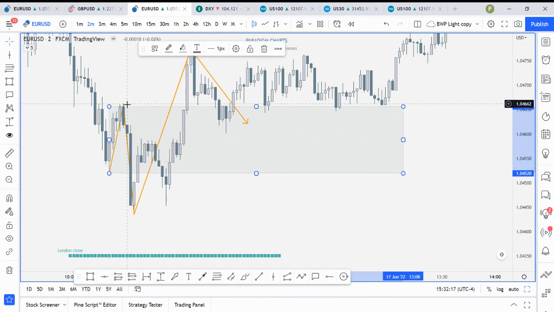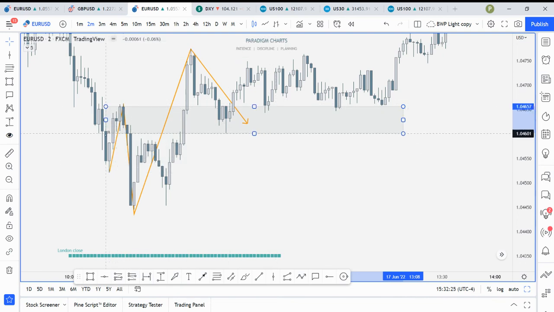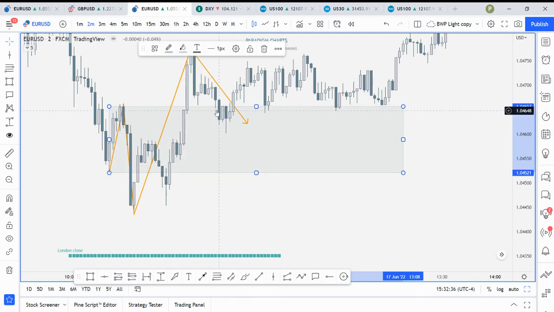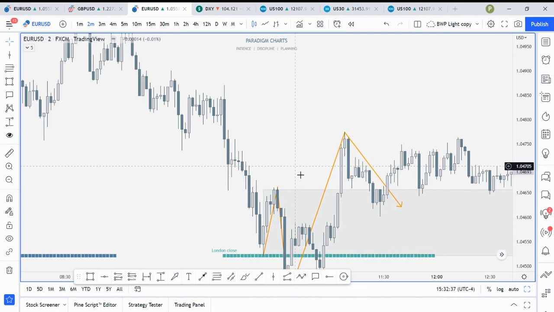From this high to this high, you can refine it sometimes. Personally, I can't use this for my stop loss. It's too large. A lot of times I like to refine it to maybe the first two candles. At times I've been stopped out too, but I don't mind. I just don't like having a stop loss that is way too wide. This is way too wide as far as I'm concerned.